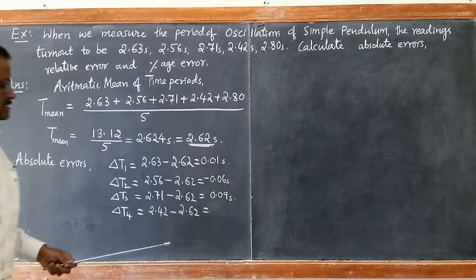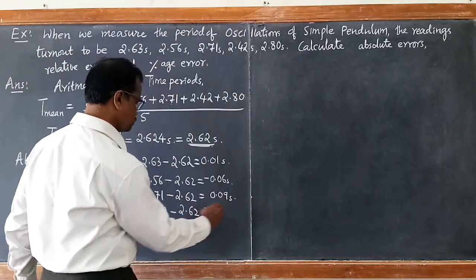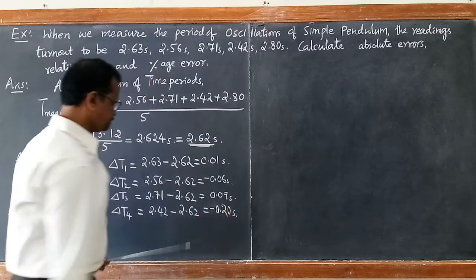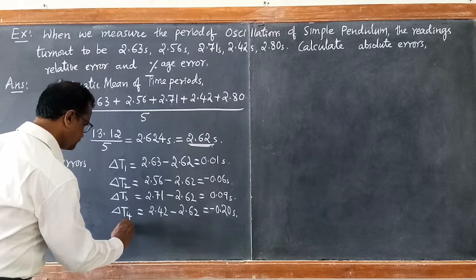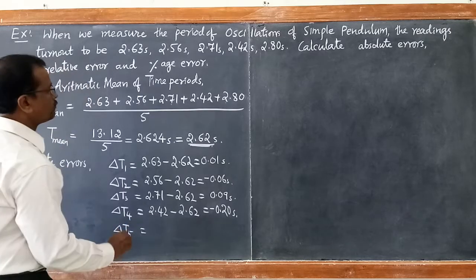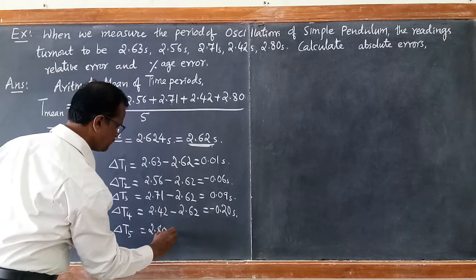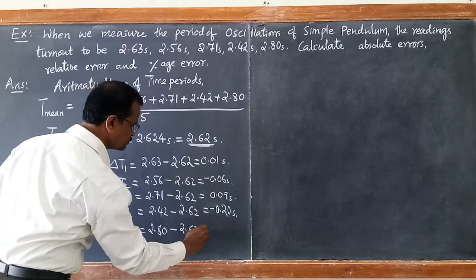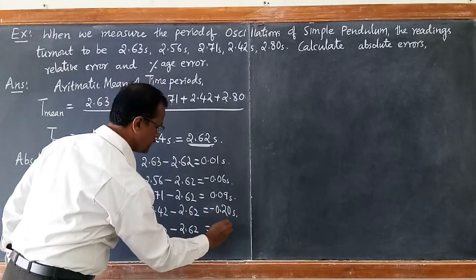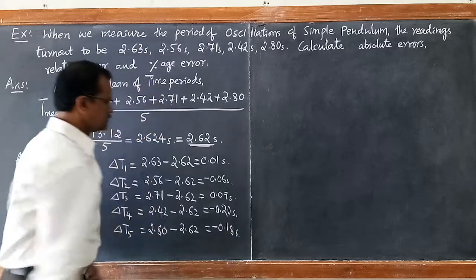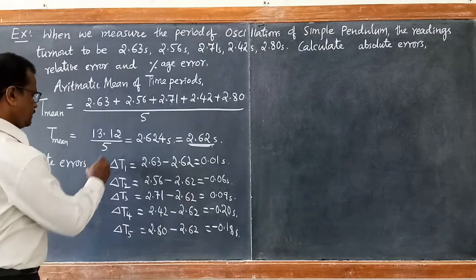When you take the difference, it comes out to be minus 0.20 second. Then delta T5, 2.80 minus 2.62. If you take the difference, it comes out to be minus 0.18 second. So these are all the absolute errors, but we have to take the magnitude of all these.